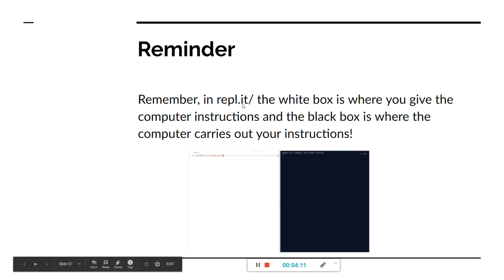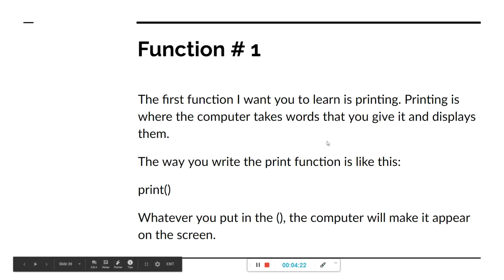So remember in Replit, the white box is where you give the computer instructions, and the black box is where the computer carries out your instructions. So let's see what happens. The first function I want you to learn is printing. Printing is where the computer takes words that you give it and displays them. The way you write the print function is like this.